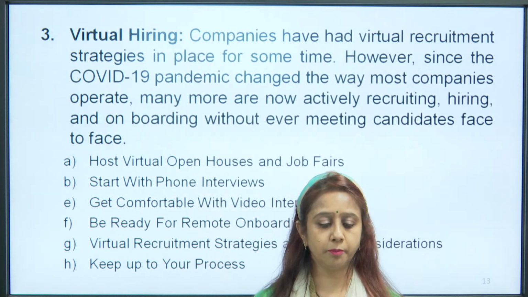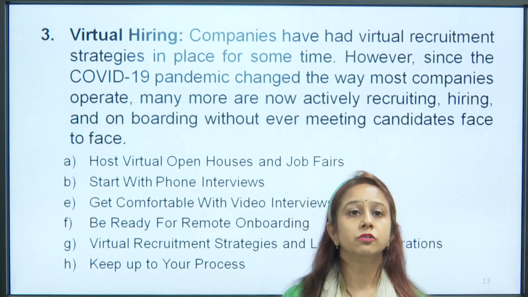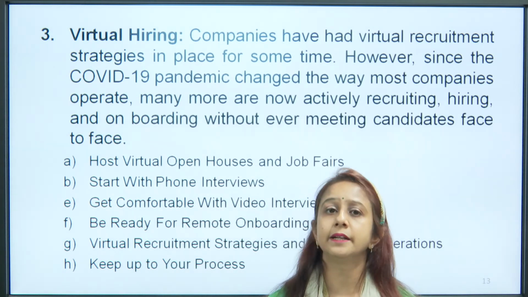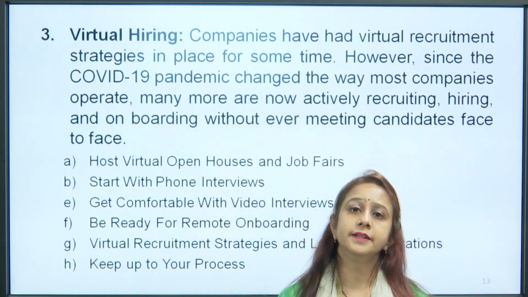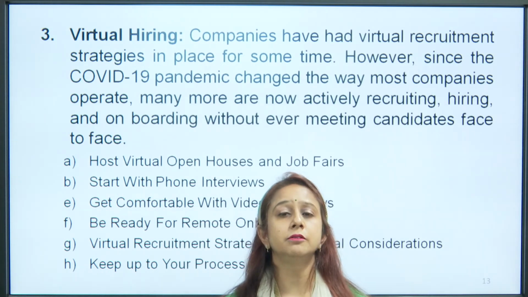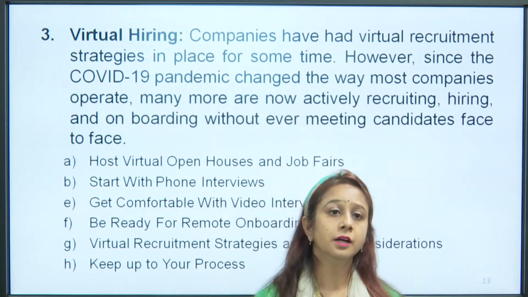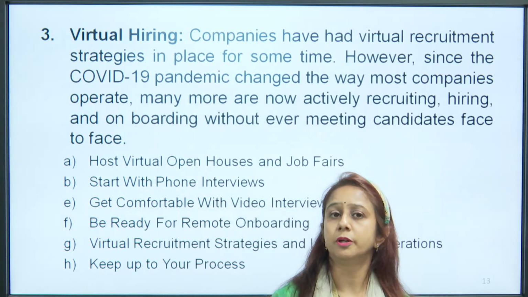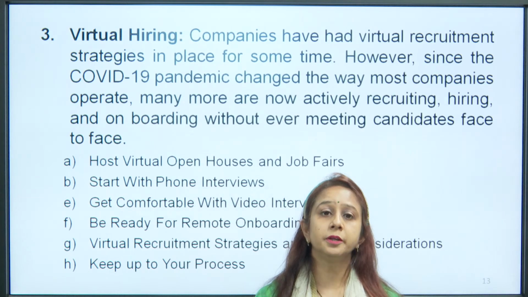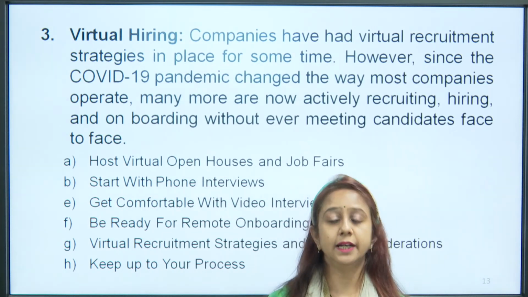Then be ready for remote onboarding. Remote onboarding means you will be selecting the candidate and he will be directly recruited for the organization and sent to the job itself without coming or reporting to the organization at a particular time.